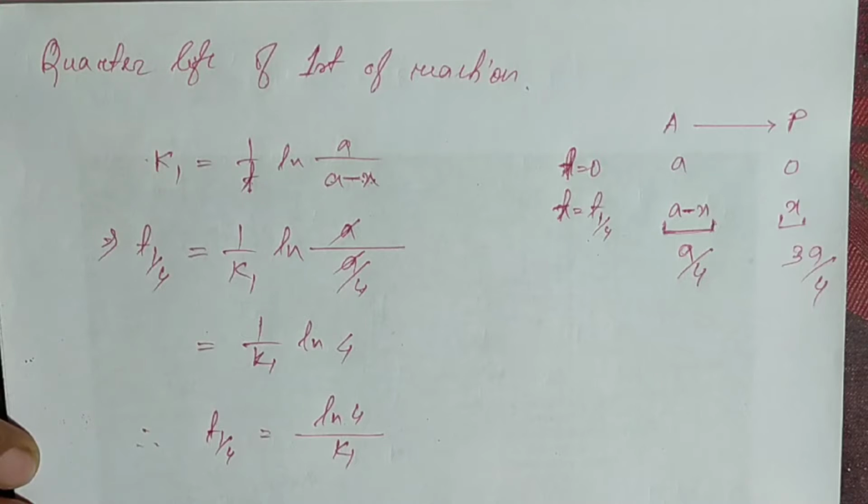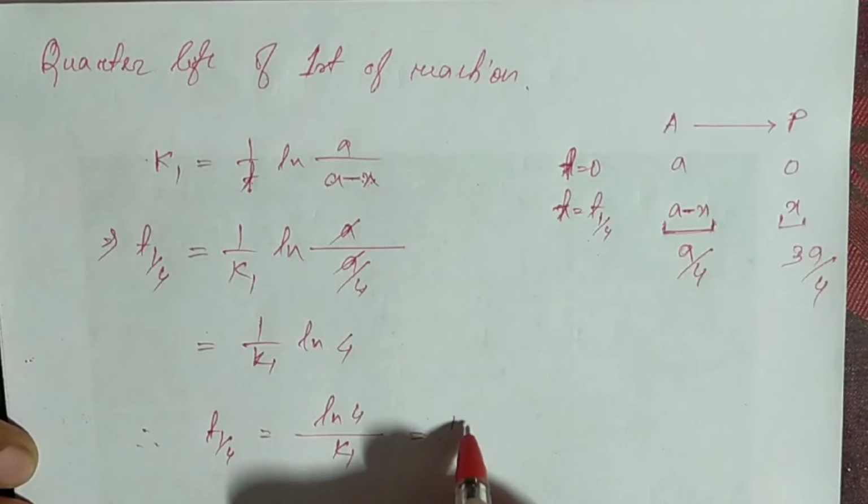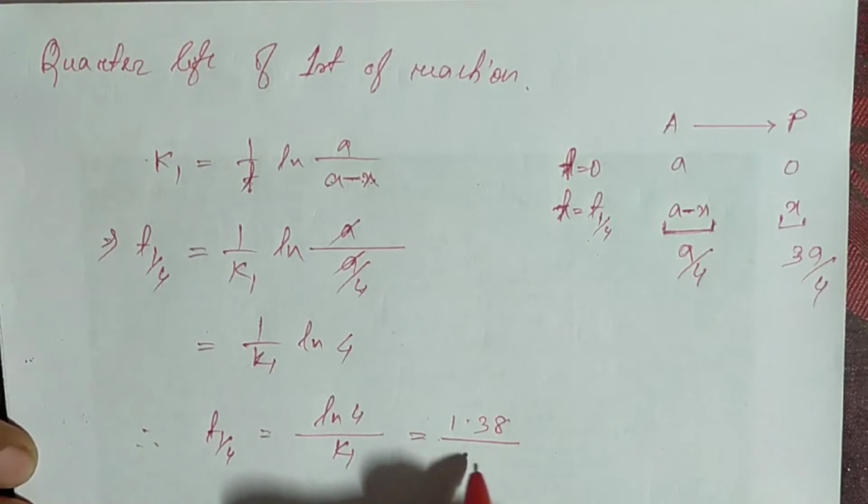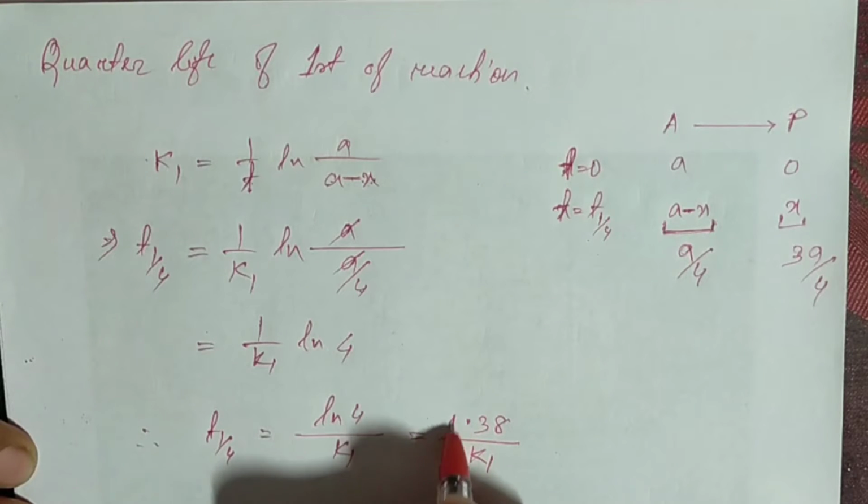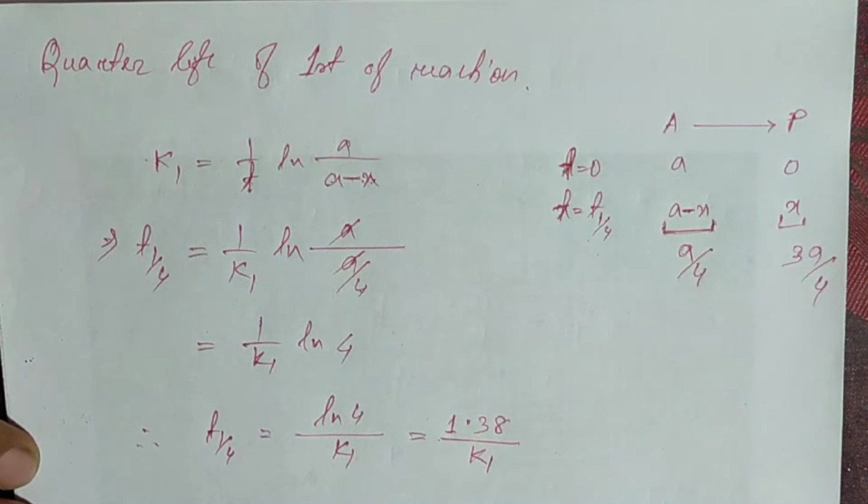So ln 4 is equal to 1.38, giving 1.38 by k1. This is the final equation for quarter life of first order reaction.